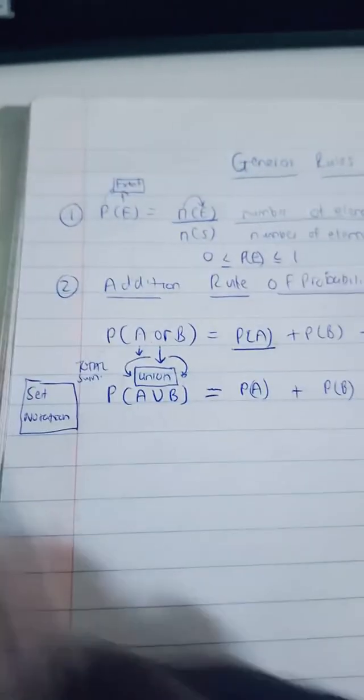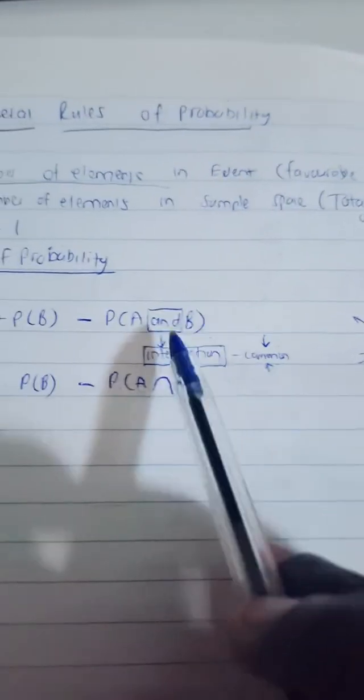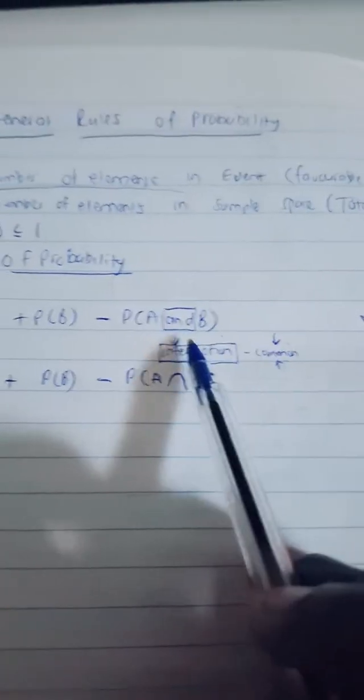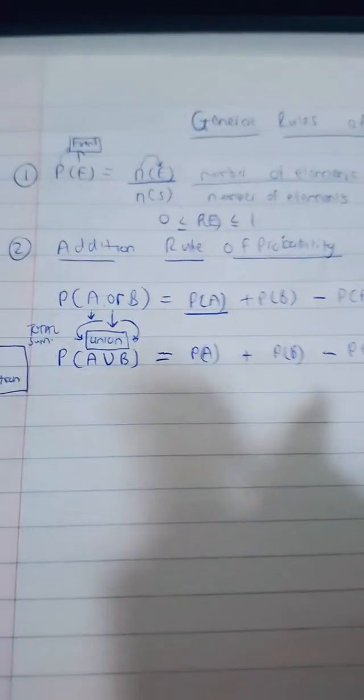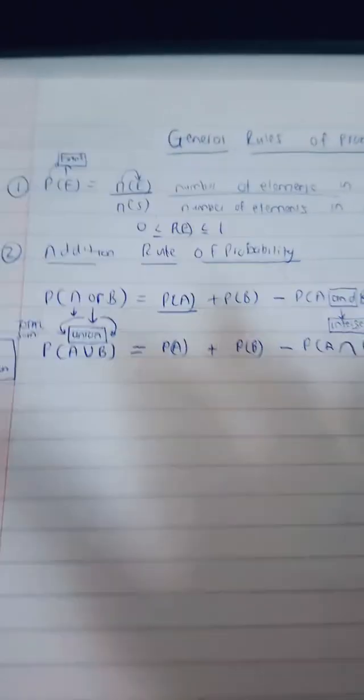Union means the total of everything between A and B, but intersection means what is common between A and B. I hope we understand the addition rule, a very important rule that we need to understand and know at the grade 10, grade 11, and grade 12 levels. So please, guys, let us understand that rule.